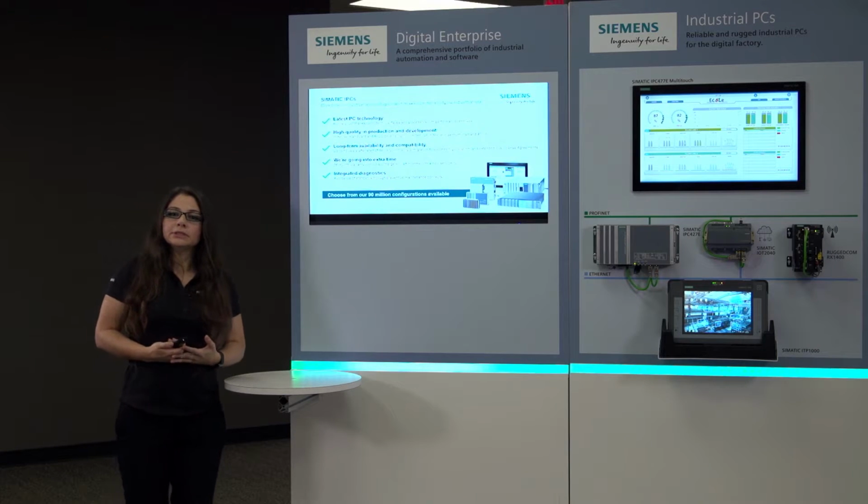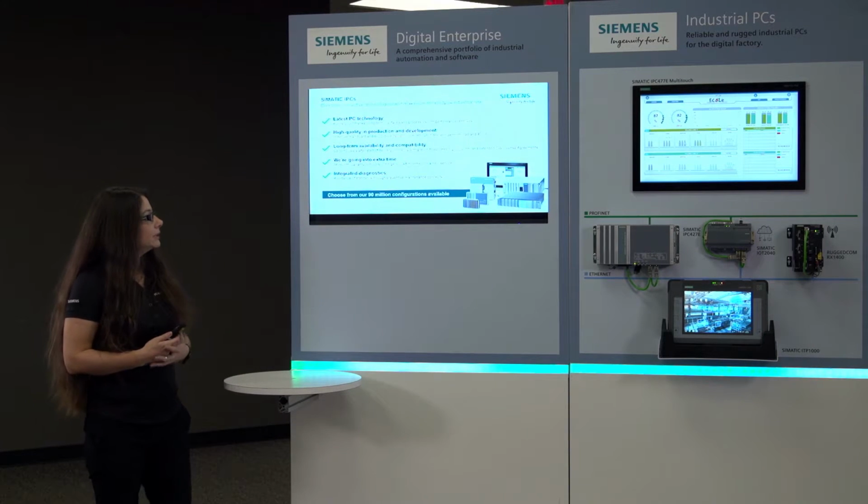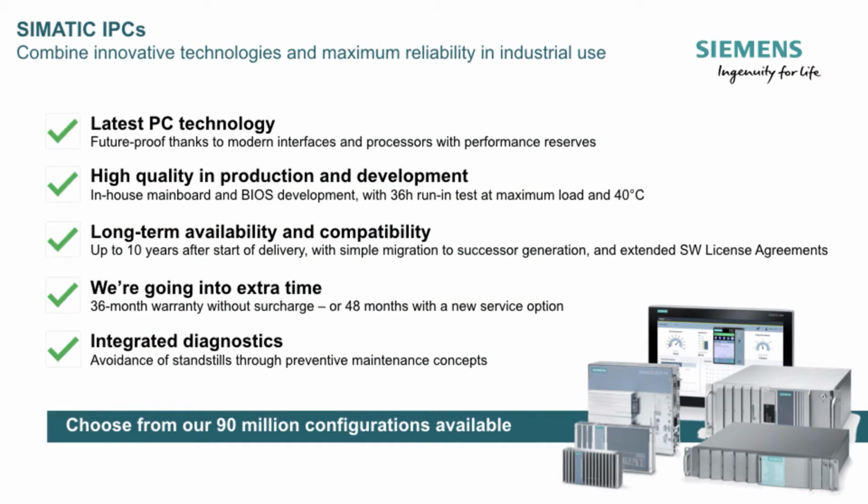Talking about the Siemens Industrial PCs, our SIMATIC IPCs, we make sure that we always have the latest PC technology in our products. Since we do all the development in-house, from our hardware and our software, we make sure that everything is compatible and works with each other without any issues. We can also make sure they will be available for a long time, and they are compatible between generations.